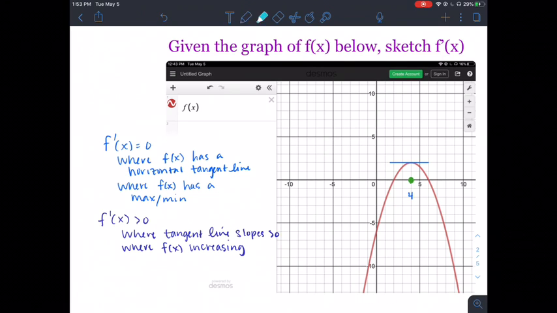Think about it: if f of x is increasing and I draw some little tangent lines, all of these little tangent lines are going to have positive slopes.